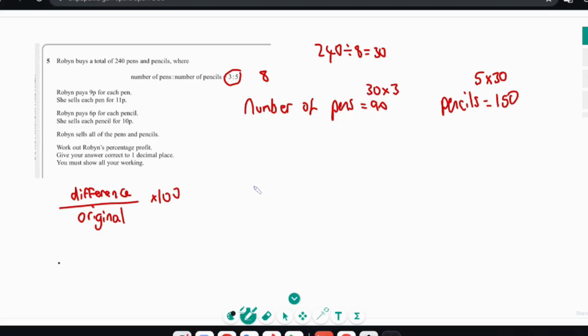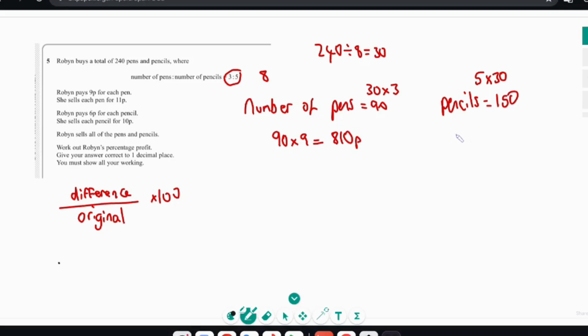Let's work out the total amount of money Robin has made first of all. Each pen she buys for 9p, so 90 pens at 9 pence: 90 times 9 is 810 pence.